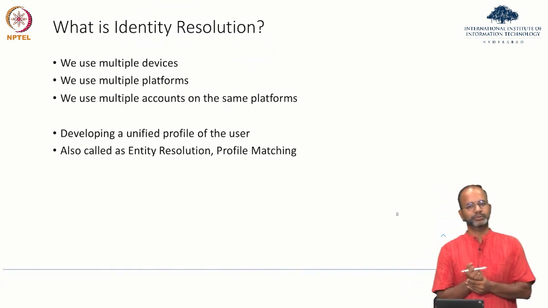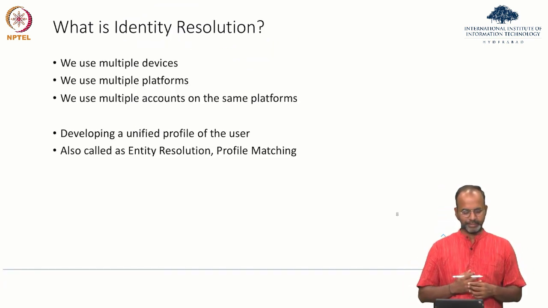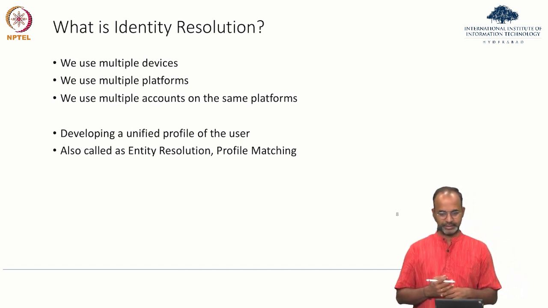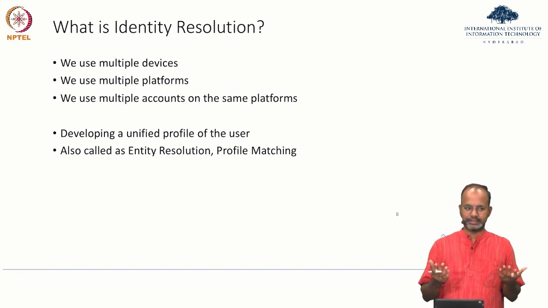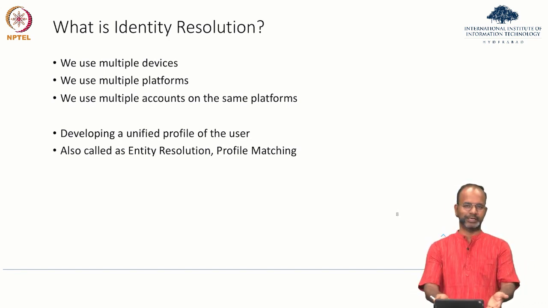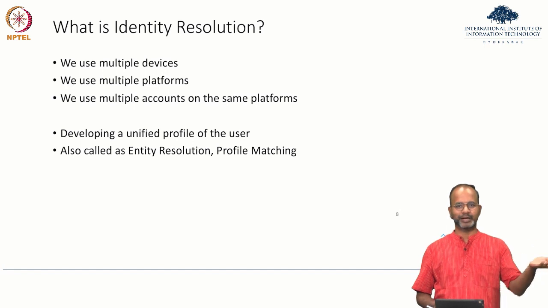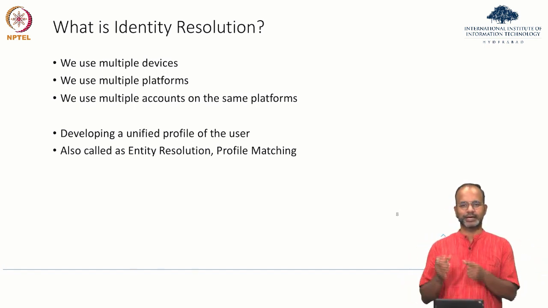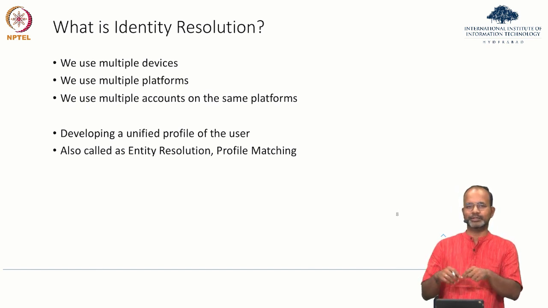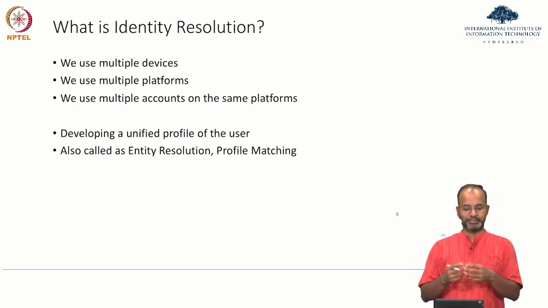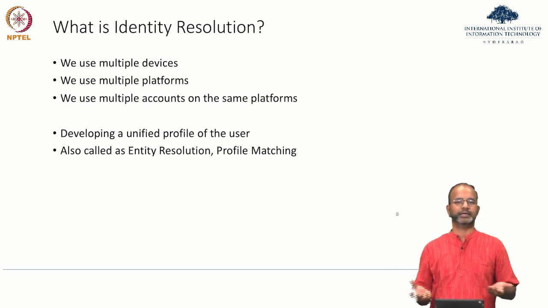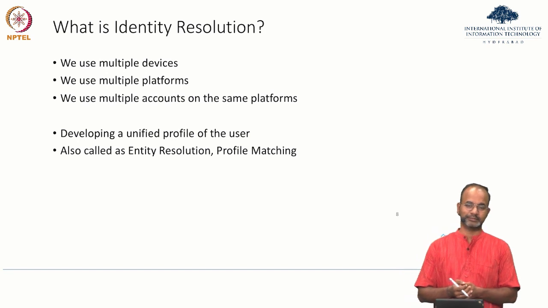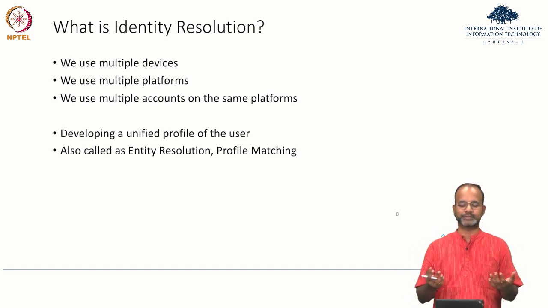So here, very formally listed, the reasons why identity resolution is needed. We use multiple devices, right? So I'm using my iPad to do the lecture. I have a laptop, I have a phone. So given multiple devices, identity resolution does not have to be only on the social platform. It can be even figuring out that all these three devices are the same user, PK. We use multiple platforms, right? Multiple platforms on multiple devices.